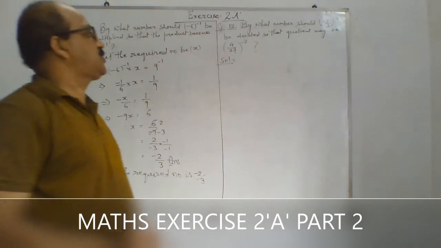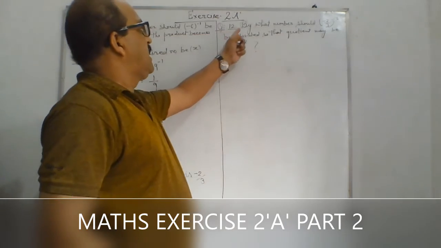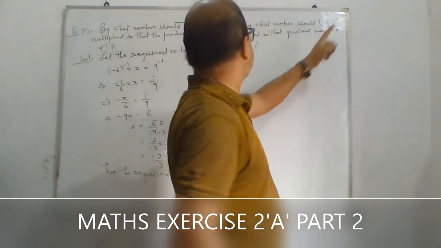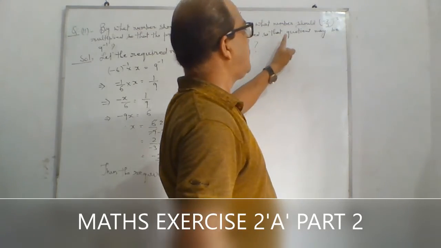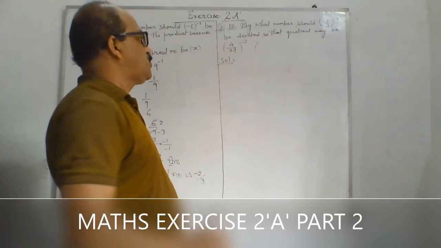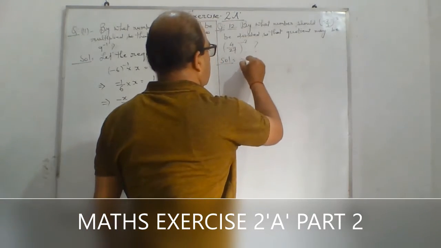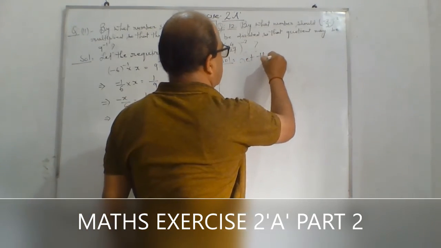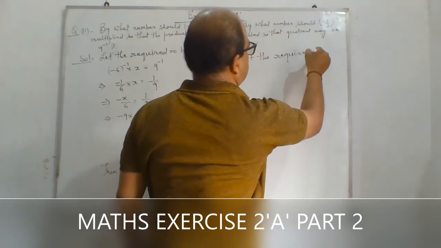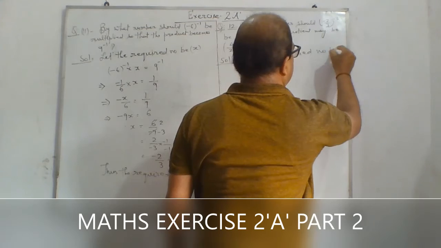In the next question, question number 12: By what number should (-2/3)^-3 be divided so that the quotient may be (4/27)^-2? Let the required number be x.